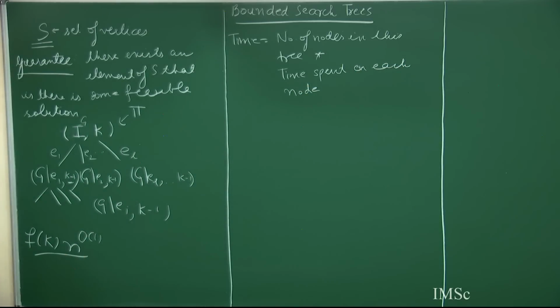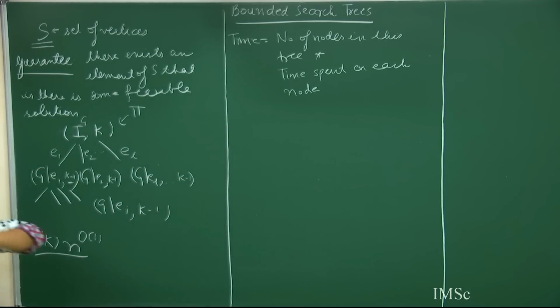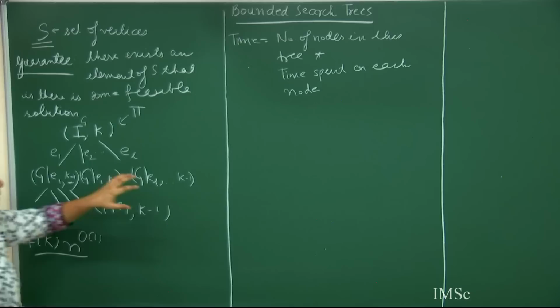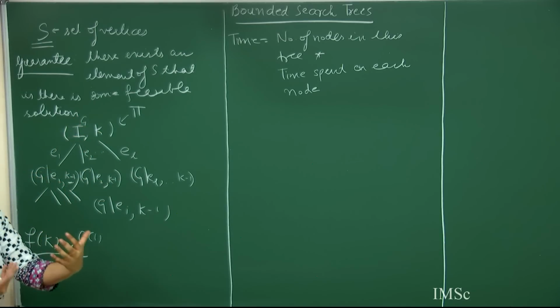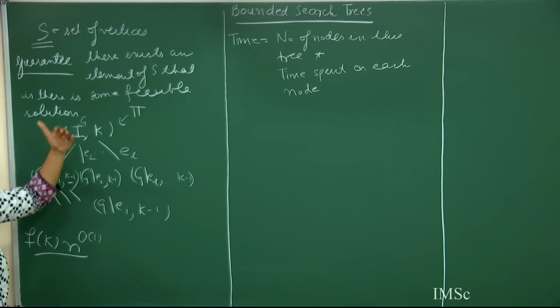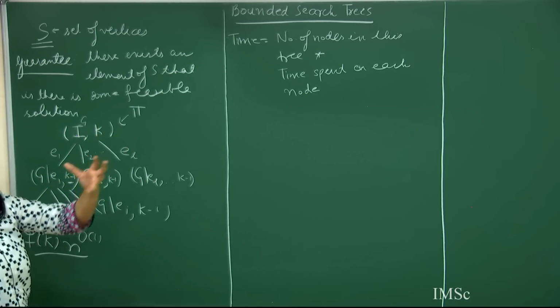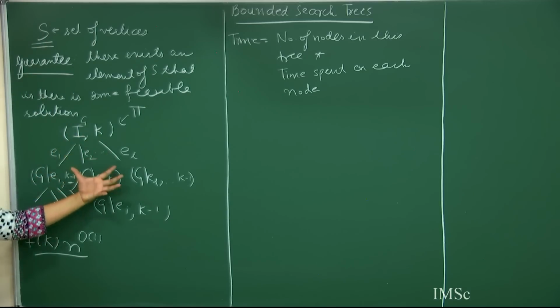And again, when I say time spent on each node, I also include the time that I will spend on the trivial nodes. So it's basically the max of the time spent on any internal node, because for any internal node, I'll probably be pre-processing it, or spending time on some different properties, because at each node I'm interested in finding a set S and then I'll branch over it.